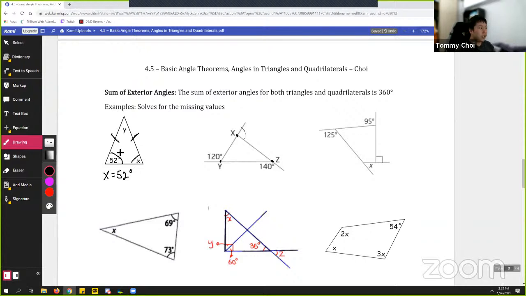This allows me to then use my interior angle rule for triangles, where we can say 52 plus 52 plus y is equal to 180. Adding all three angles inside the triangle equals 180. That gives me 104 plus y equals 180. So y equals 180 minus 104. I'm going to write that up here. So y would equal 76 degrees.